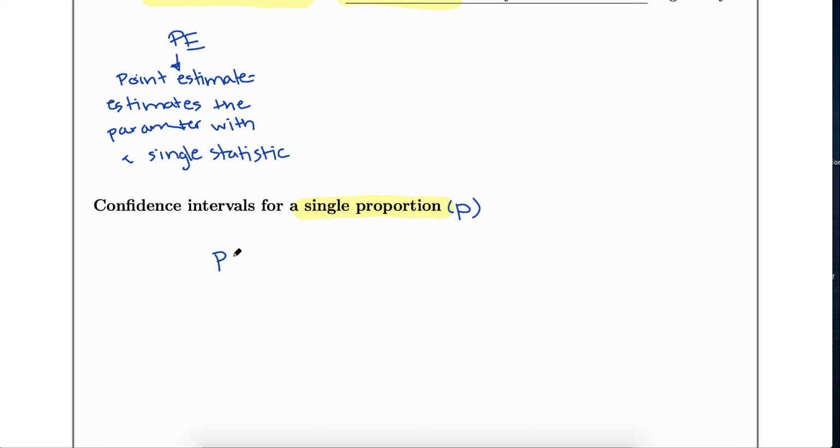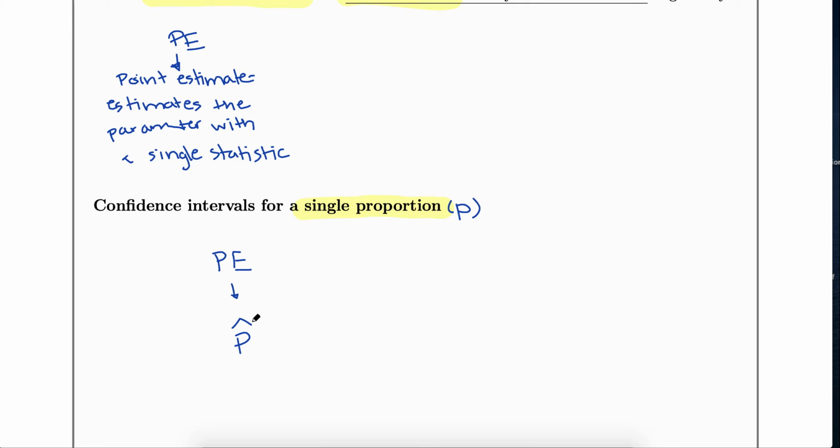My point estimate, that starting place we've already established, makes sense to start with P hat. If I want to estimate P for everybody, let's start with P hat, the proportion from the data.